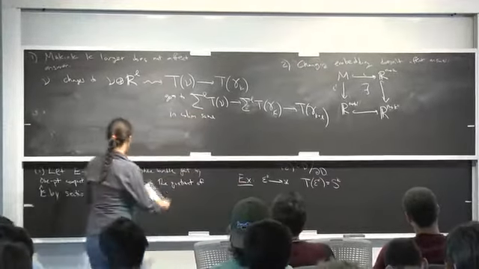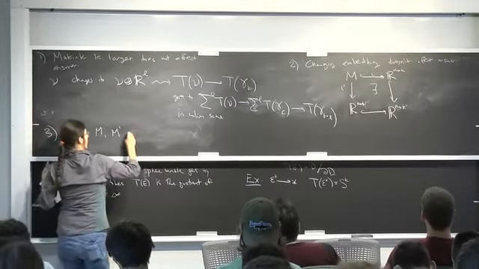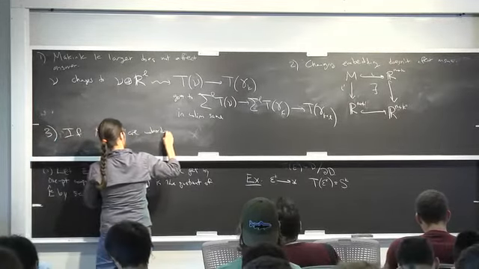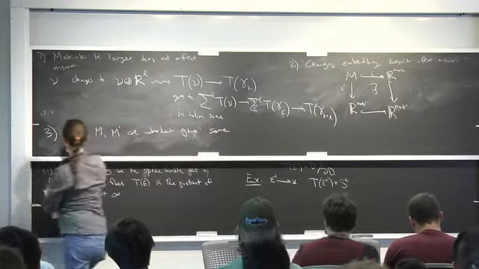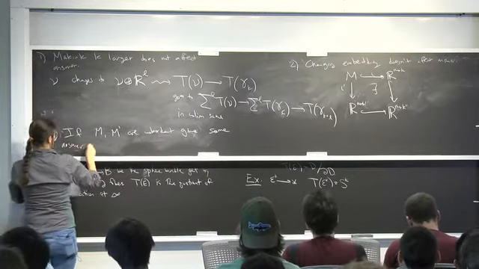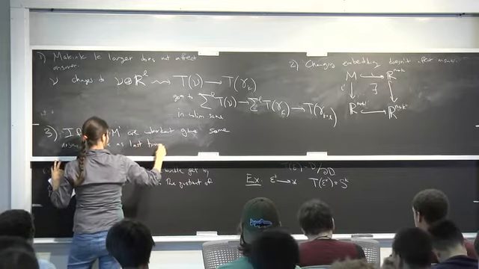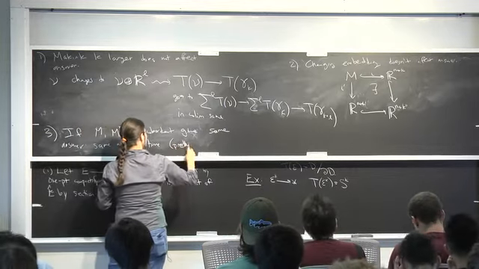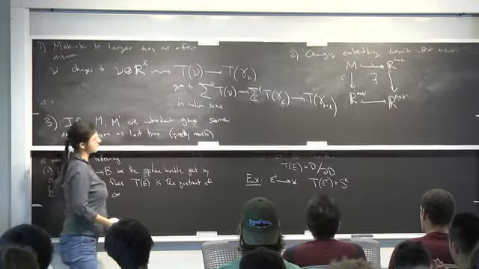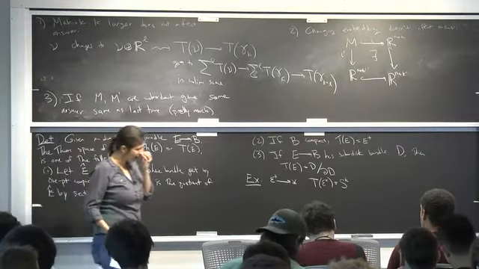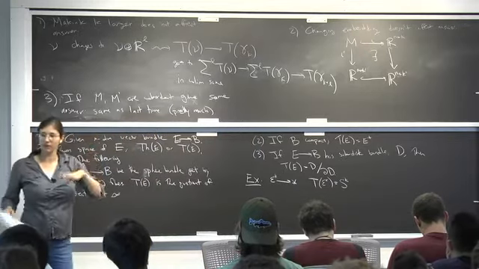And the last thing is, if M and M prime are cobordant, they give the same answer. And this is the same as last time. Pretty much. You need to be a little bit more careful because this is one of the things I sort of skimmed over last time, but the cobordisms last time had a framing that made it easier to get framings on the endpoints.